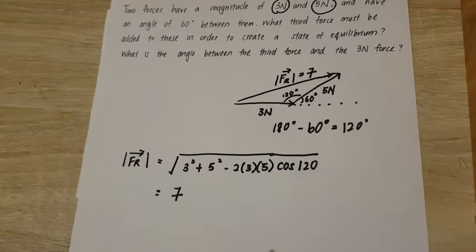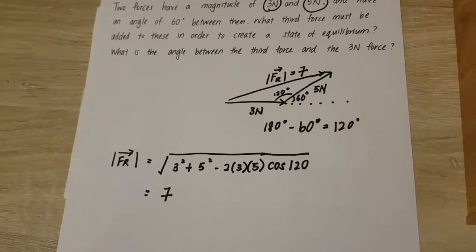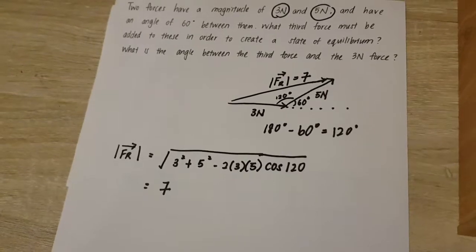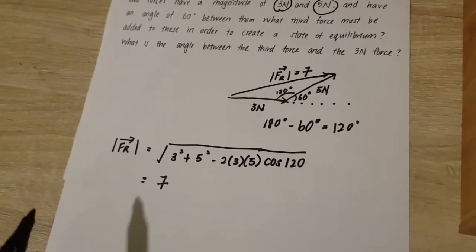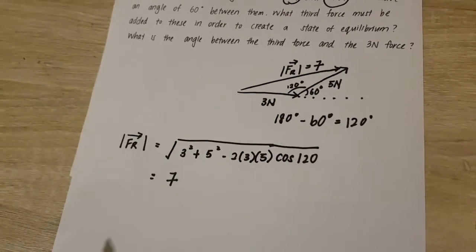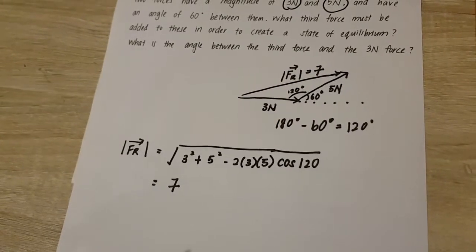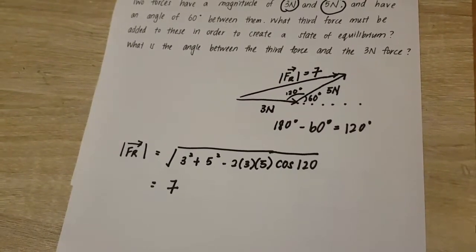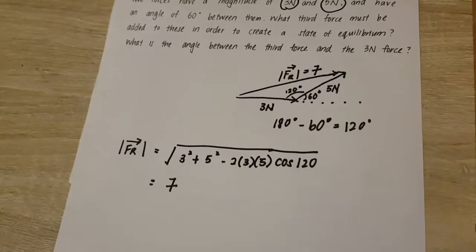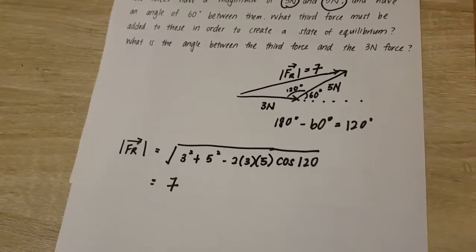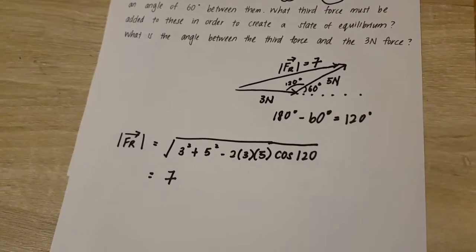Okay, so now we need to find the angle between the third force and 3 Newton where they are in a state of equilibrium. So a state of equilibrium is a state where the net force is 0.